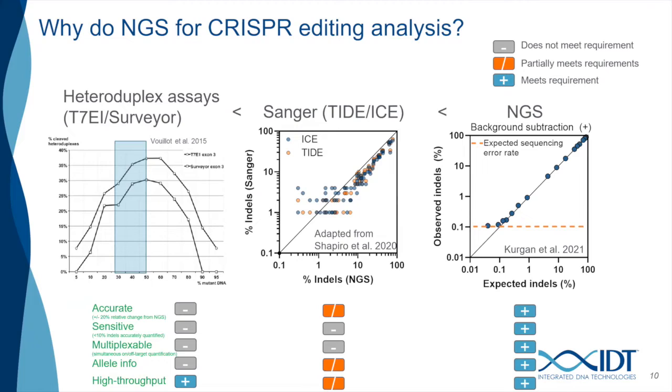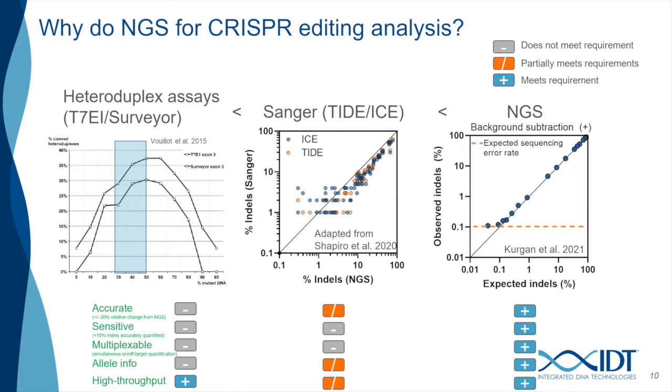These work well for high throughput, but their accuracy and sensitivity are very limiting, there's no ability to multiplex and look at the on- and off-target sites at the same time, and obviously they don't provide allelic information. Here's something from the literature showing that you can really misrepresent editing in some cases, which can be due to the nature of the editing population, T7's inability to recognize one-base indels, et cetera.